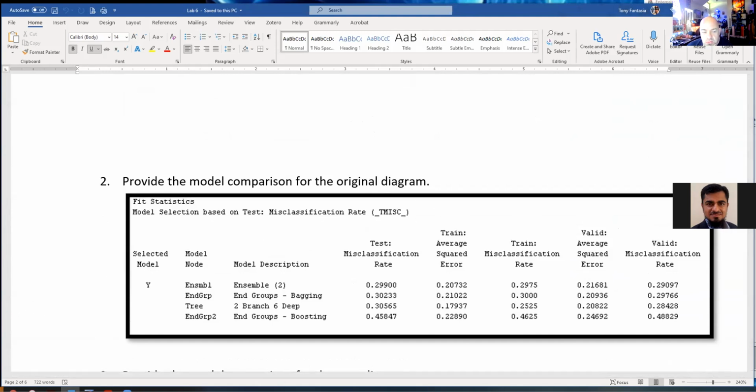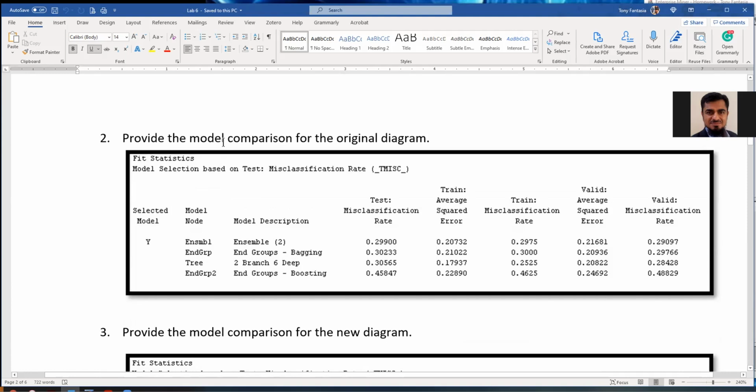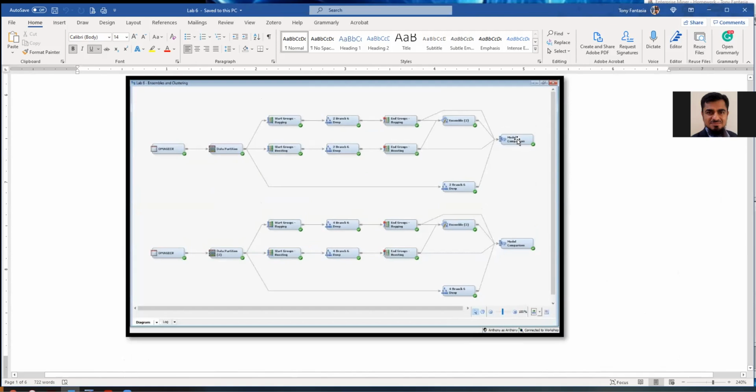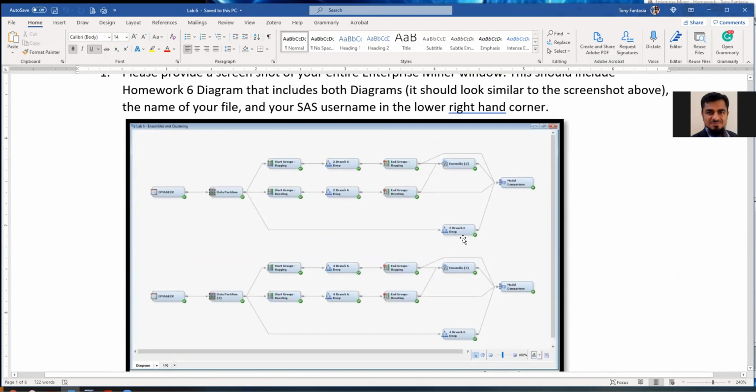For number 2, the prompt is to provide the model comparison for the original diagram, using the model comparison node for the original diagram from the walkthrough with the 2 branch 6 deep models.